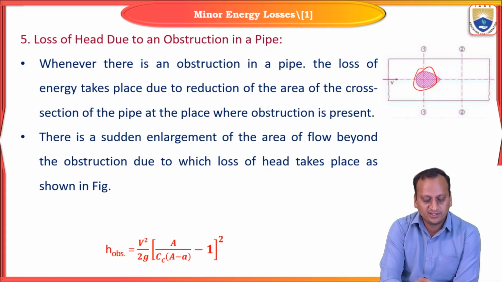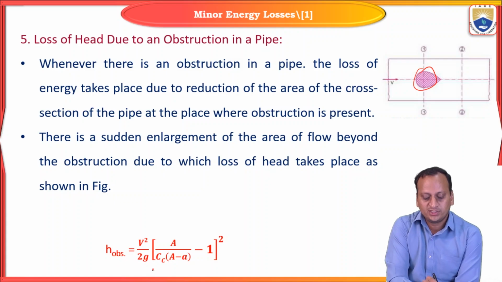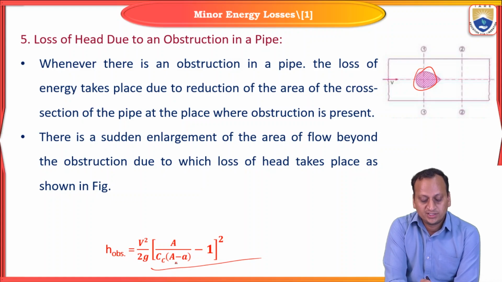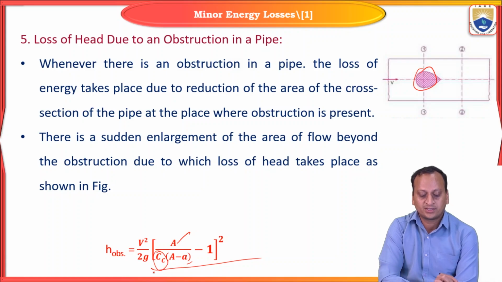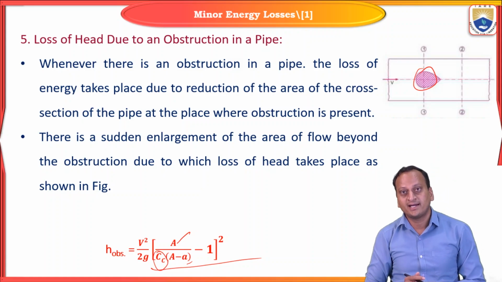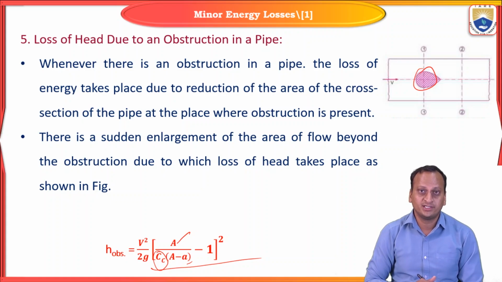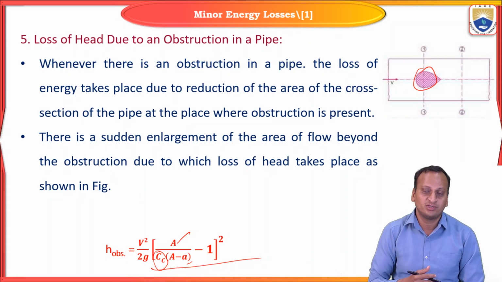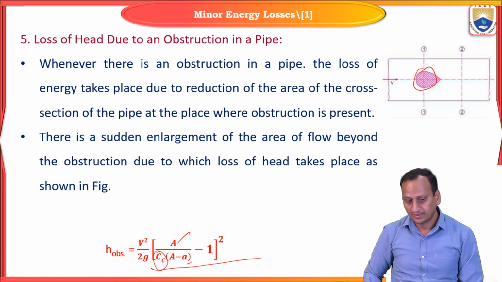That can be given by H equals V square by 2g into (A by Cc into A minus 1) square. Here A is the area of the pipe, the area of the section, and Cc is the coefficient of contraction. So by using this relation, we can calculate the loss of head due to obstruction in a pipe. This is also considered as one of the minor energy losses.